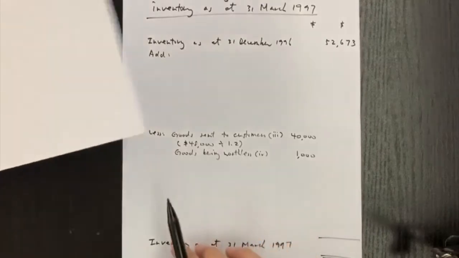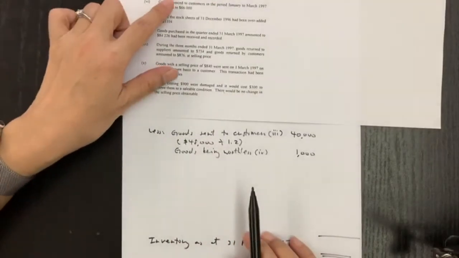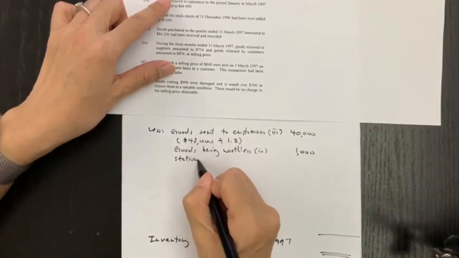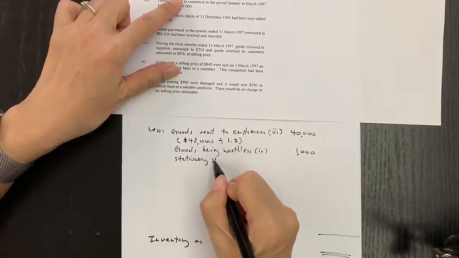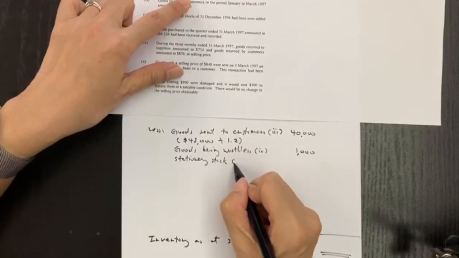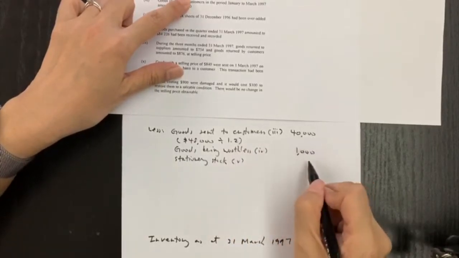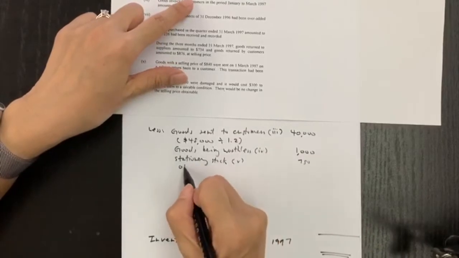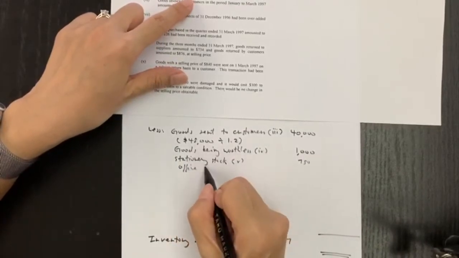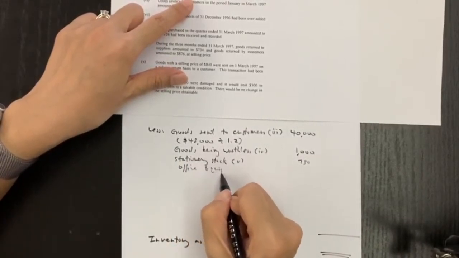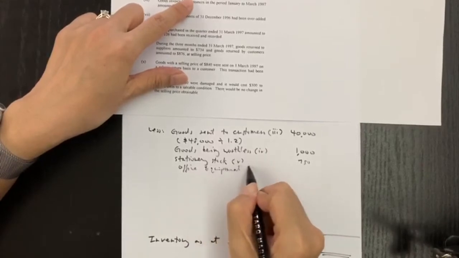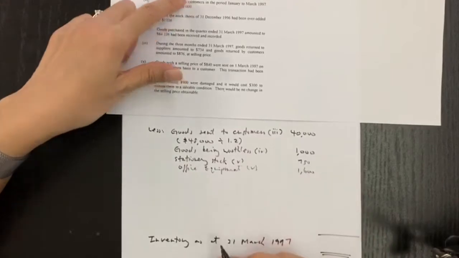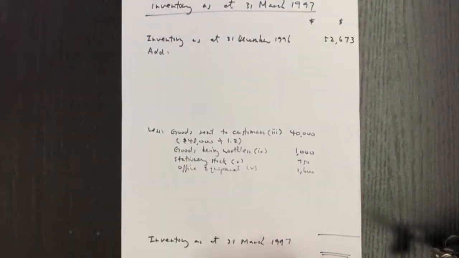So I need to minus the stationary stock, which is in point 5, and that is 750. And I also have to exclude office equipment, which is 1,600 in my statement.